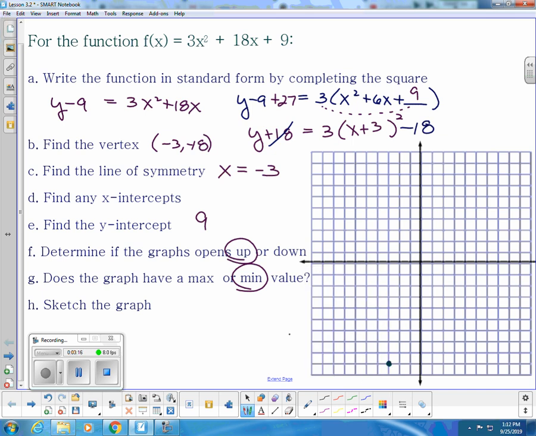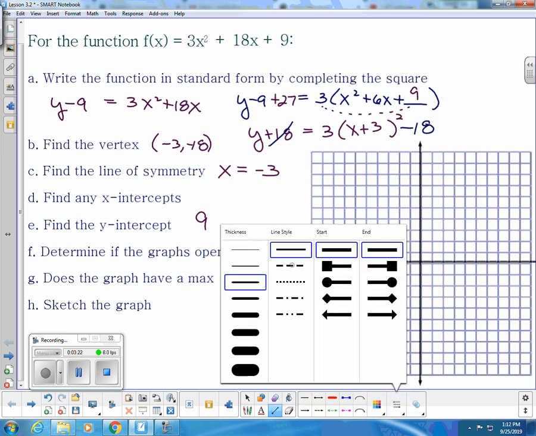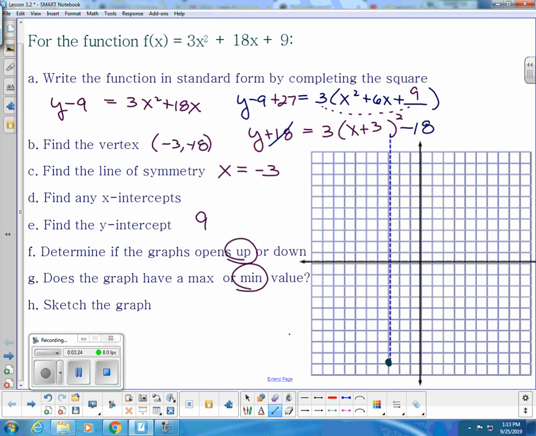Here's -3, 18. Our axis of symmetry I'm going to sketch in there is x equals -3. Our y-intercept is at 9: 2, 4, 6, 8, 9.